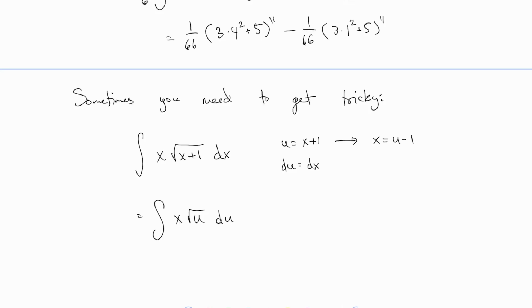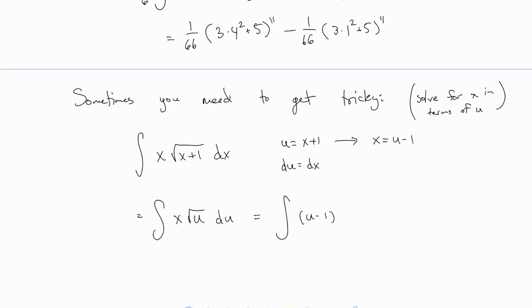So sometimes you need to solve for x in terms of u. This is usually not necessary, but there are some weird examples where you have to do this extra step. So down here, x times root u, x is u minus 1.